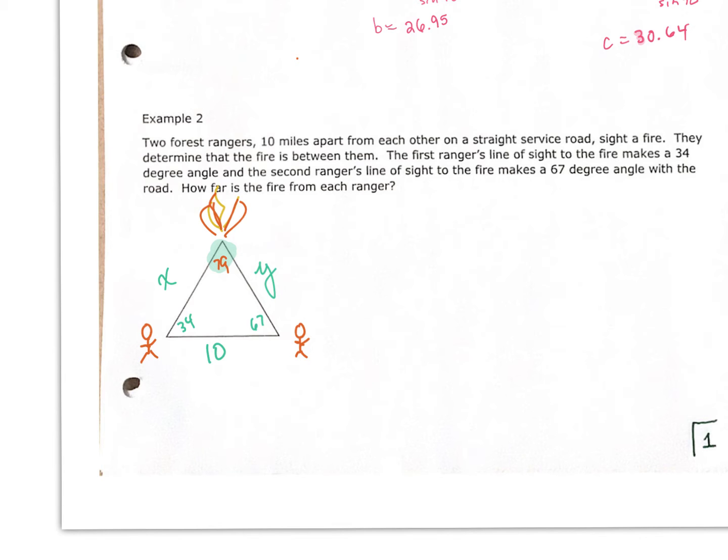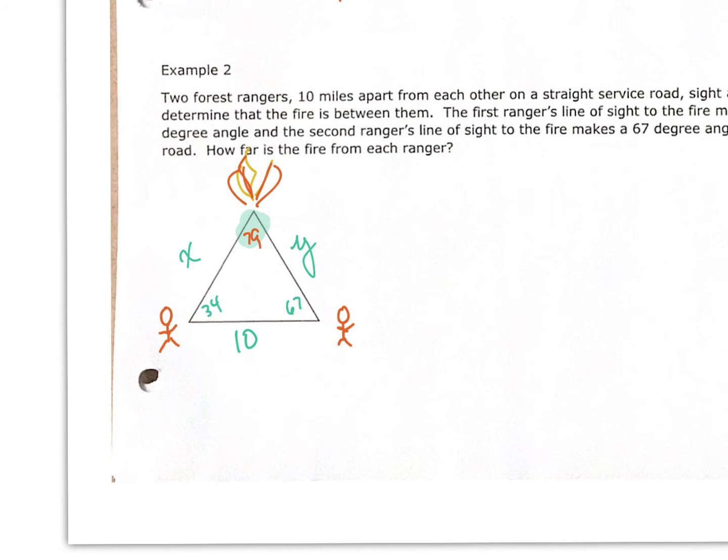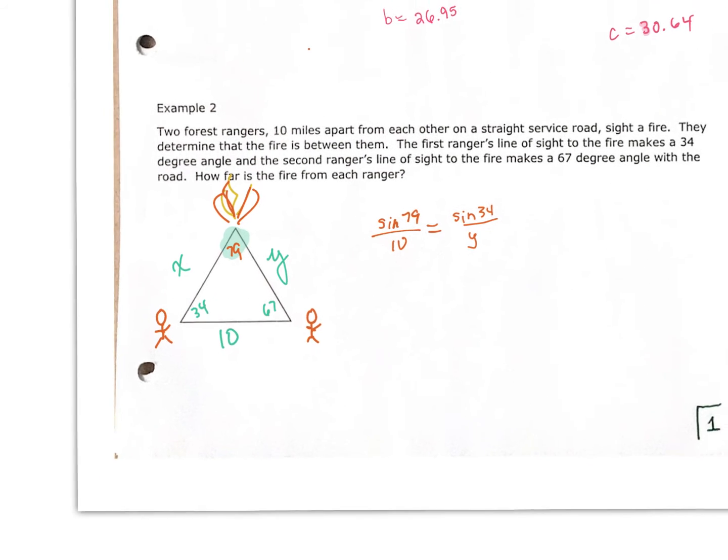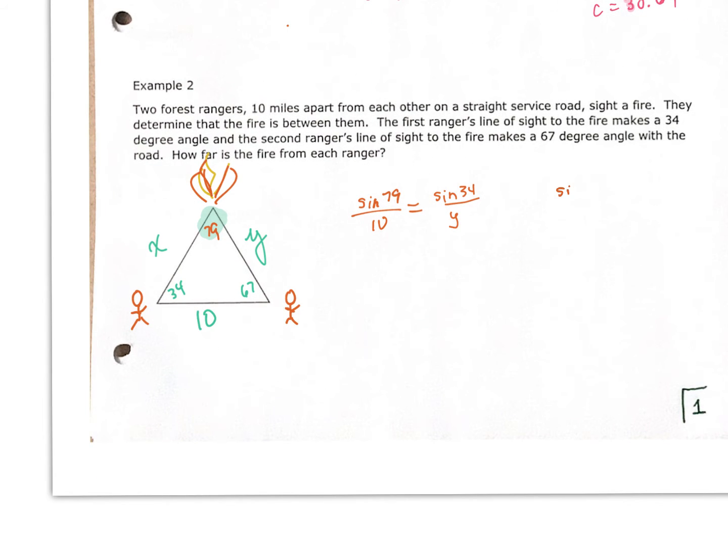And so let's set up our ratios. Let's set up our proportion, excuse me. So we want to say that the sine of 79 is to 10 as the sine of 34 is to y. And then we'll say that the sine of 79 is to 10 as the sine of 67 is to x.